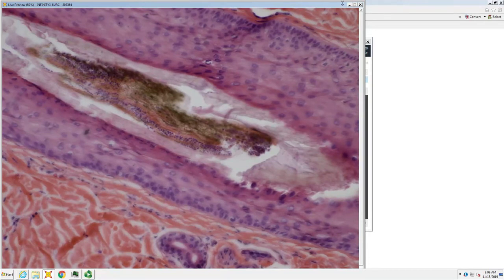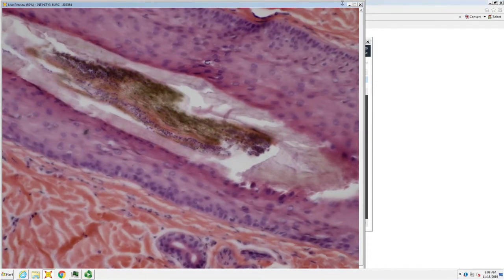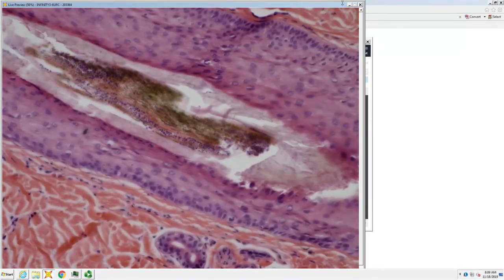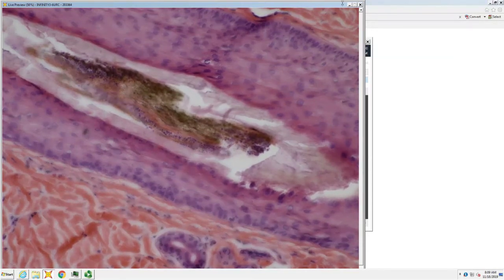So canis, audouinii, ferrugineum, distortum, and the large spore ecto, verrucosum, cattle farmers, usually beard area. So this is a large spore endo.